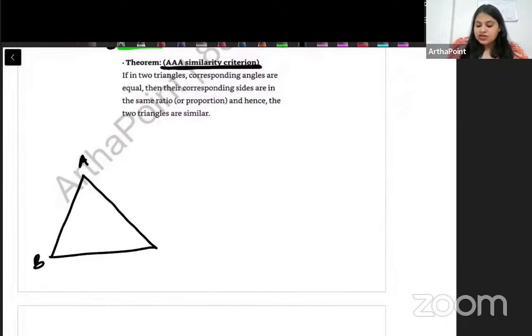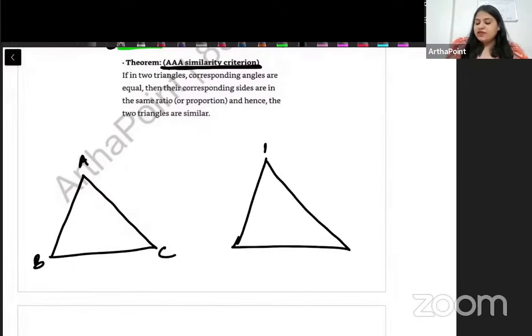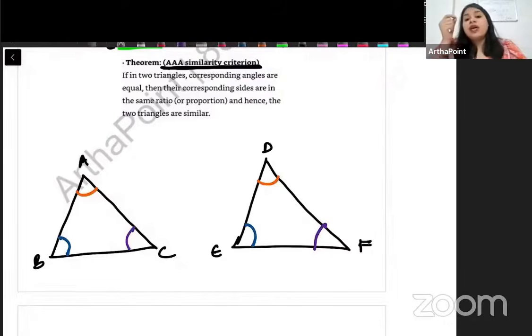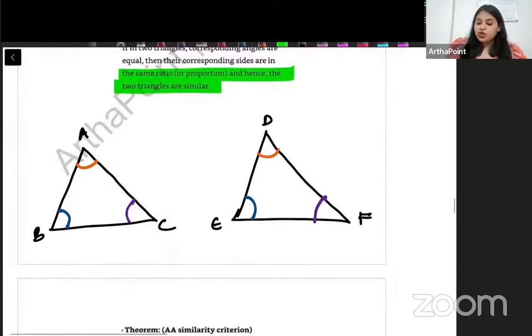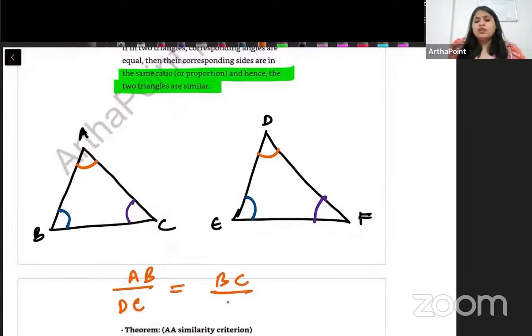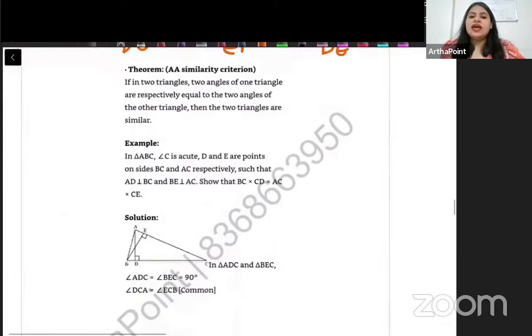So this is A, B, C, and this is D, E, F. If I tell you that angle A is equal to D, angle B is equal to E, angle C is equal to F, so the corresponding angles are equal, then the corresponding sides are in the same ratio, and hence the triangles are similar. So the ratio of AB by DE will be equal to BC by EF will be equal to AC by DF. This is called the AAA criteria, right?